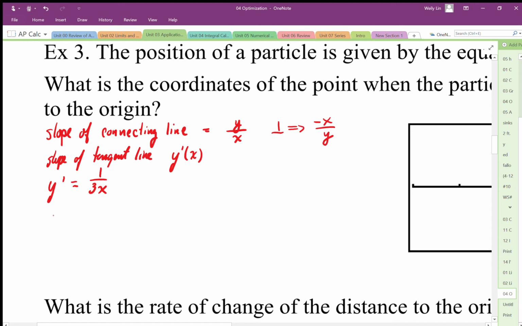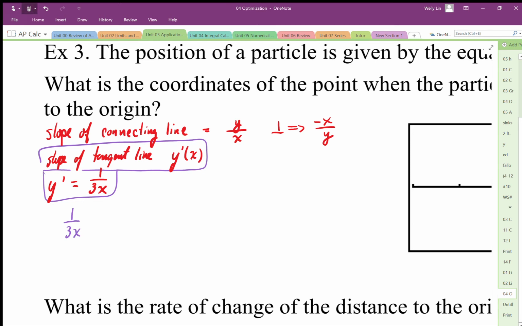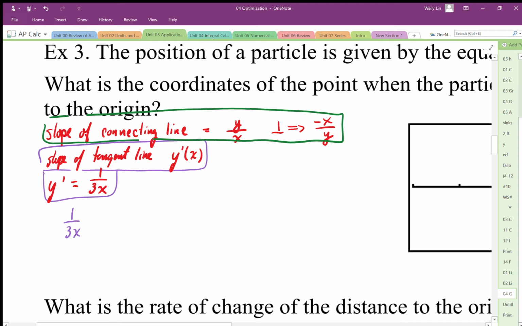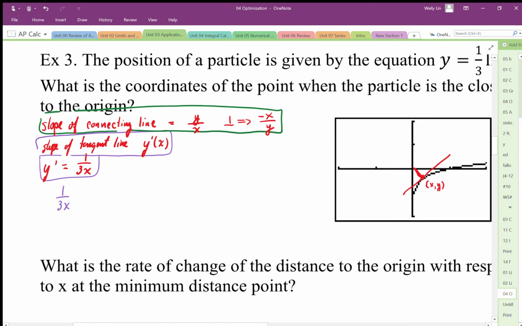So I know that the tangent line slope, 1 over 3x, is going to be equal to the perpendicular slope of that line. The slope of the connecting line is going to be this line here, and I'll just draw it in my picture so that we can see.